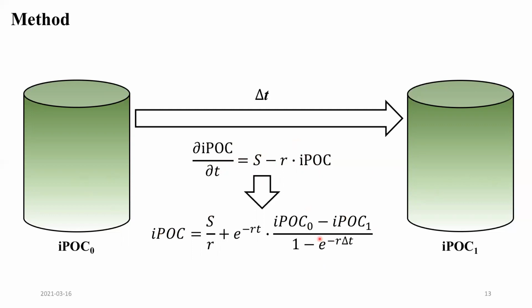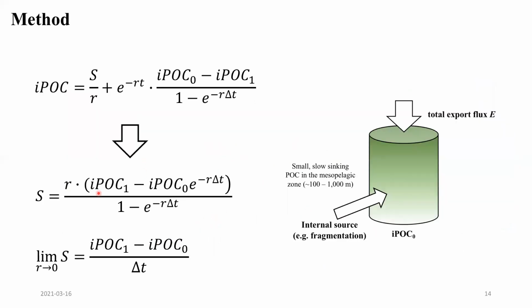And then based on this equation and the observations at two sampling steps, we can estimate the source of small POC. So here is the equation for the source of the small POC, and it includes the total export flux and the internal source.